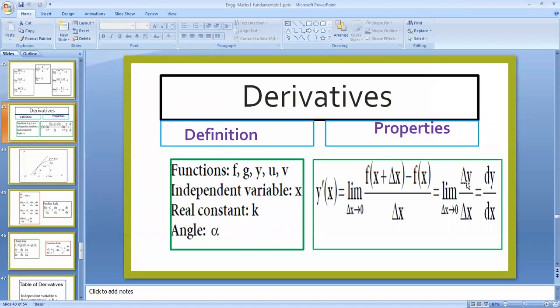So we can say it is the derivative of y with respect to x. That is the ratio, nothing but the infinitesimal change in y with respect to the infinitesimal change in x. So y depends on x, that is, change in y with respect to change in x.